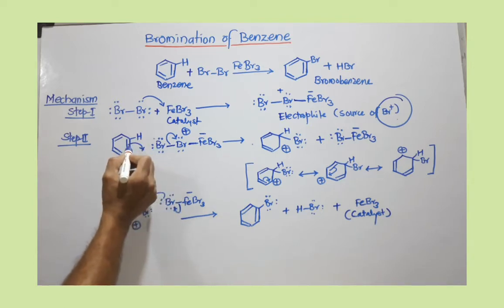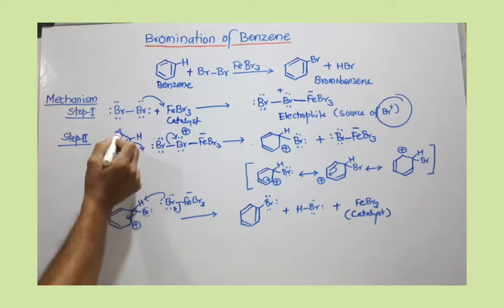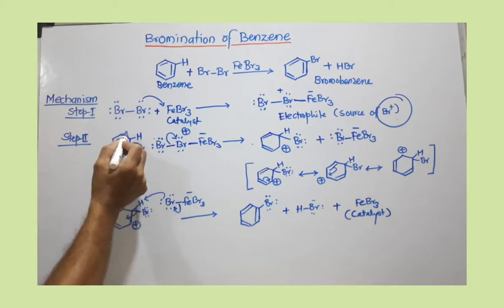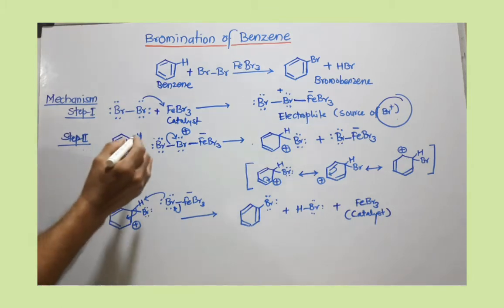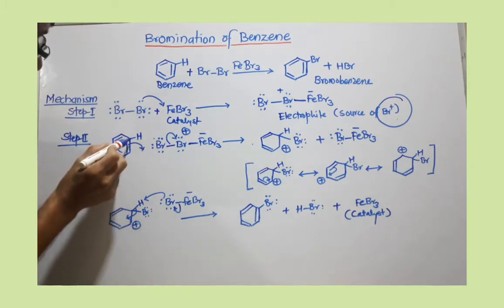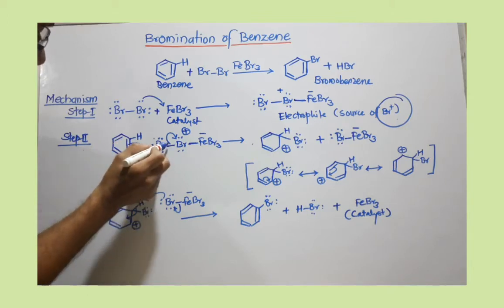If this pi bond is moving outside, at this carbon, you can remove that pi bond from any one of the 6 carbons. But if this bond is formed between this carbon and Br, we have to break this bond.